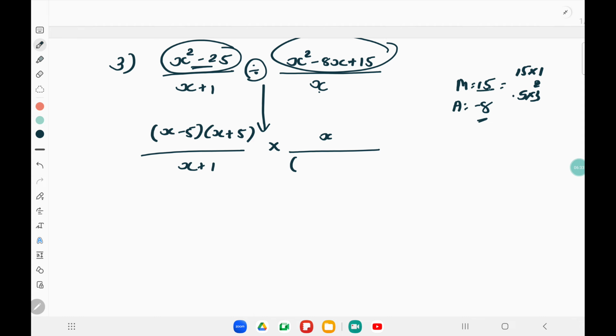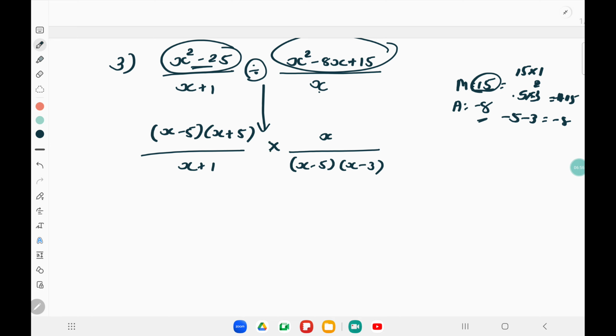But if both are negative, then negative times negative gives us positive 15, and minus 5 minus 3 gives us minus 8. So (x minus 5)(x minus 3). This is how we factorize here.